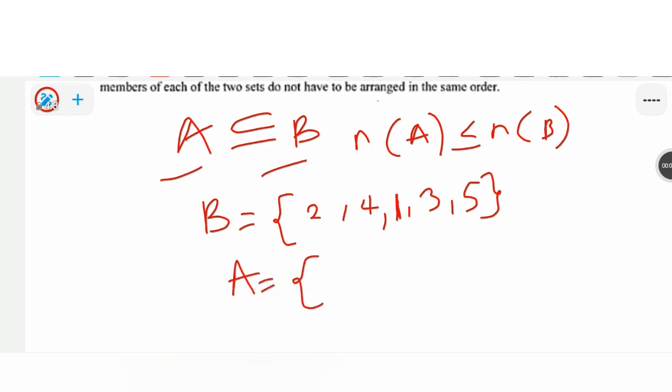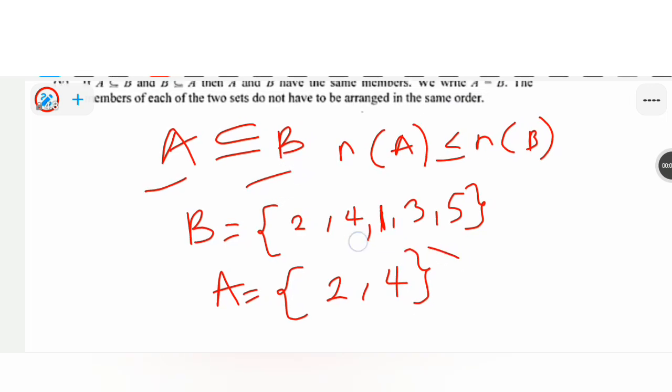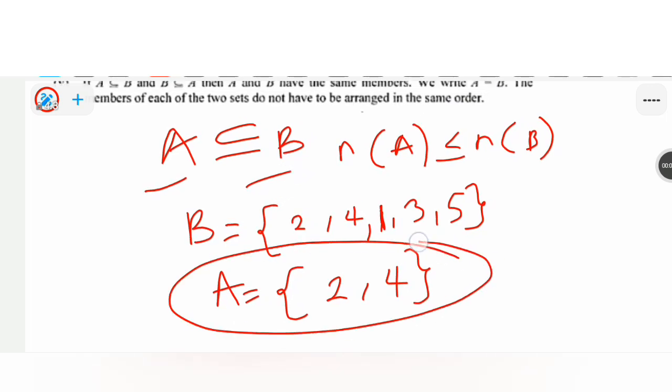If I pick some elements, not necessarily all, like 2, 4, and you find the number of elements in set A, you're going to get 2. So n(A) will be 2. When you do n(B), the number of elements in set B, you're going to get 1, 2, 3, 4, 5. n(B) is equal to 5.